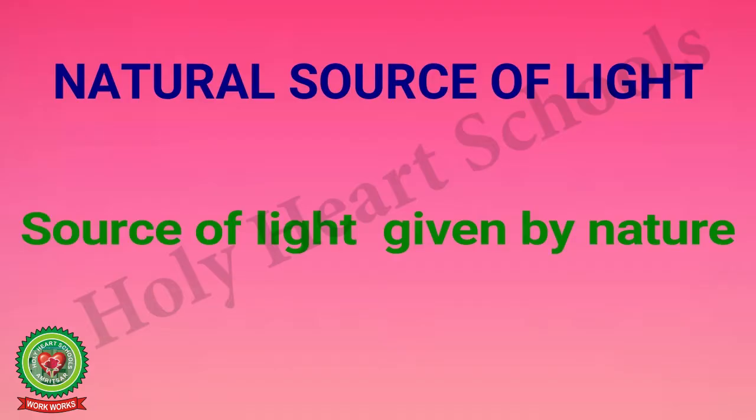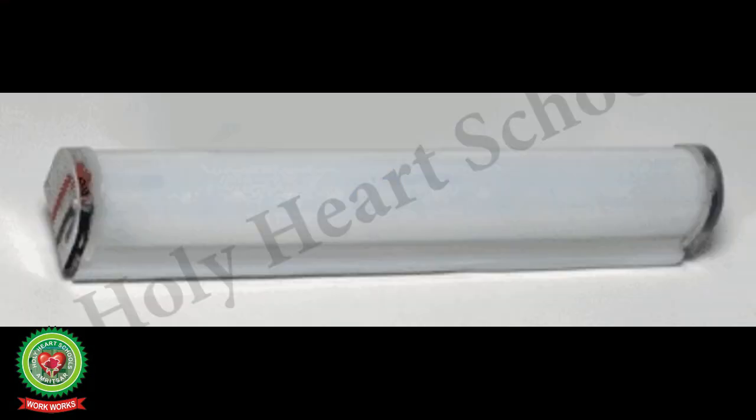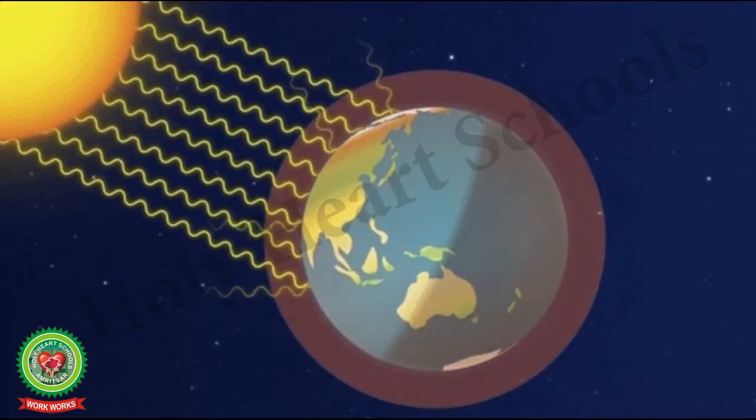Natural sources are the source of light given by nature. For example, sun. Artificial sources are the man-made sources of light. For example, bulb, tube light. Sun is a major source of light on the earth.